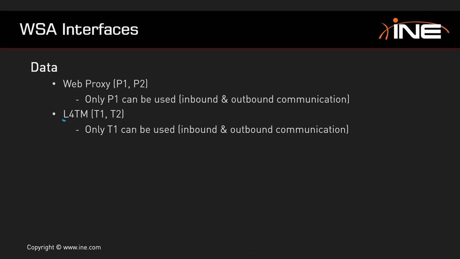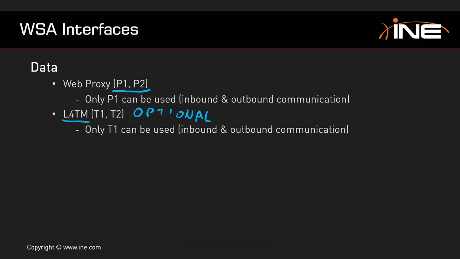Now L4TM, we will talk about in one of the other sessions because this is actually an optional component and it's not really extensively used in real production deployments. But the web proxy ports, this is what you will focus on the most.